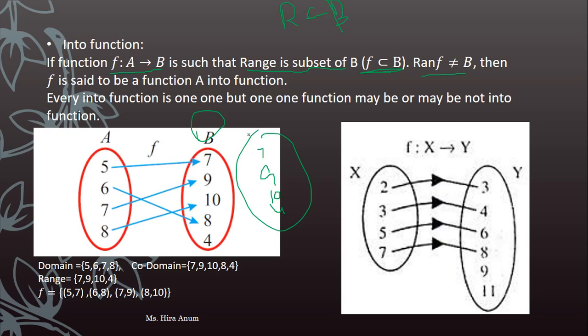This is the range, but this is a subset of B. So you can see another example. 2 gives 3, 3 gives 4, 5 gives 6, 7 gives 8. The range of F is a subset of Y. When we see this condition, this is an into function.